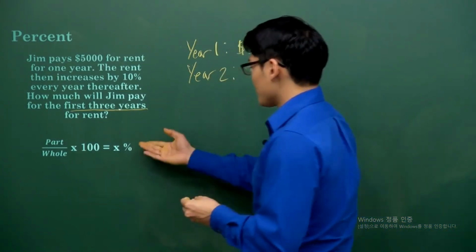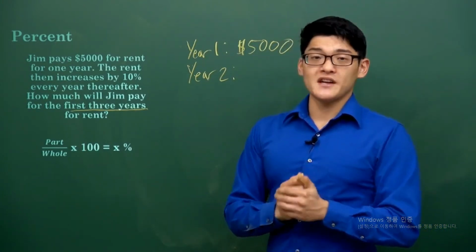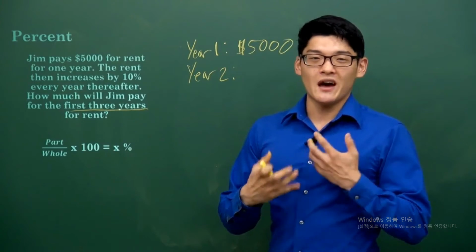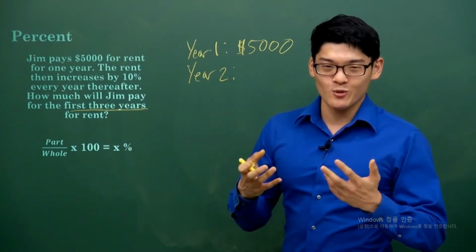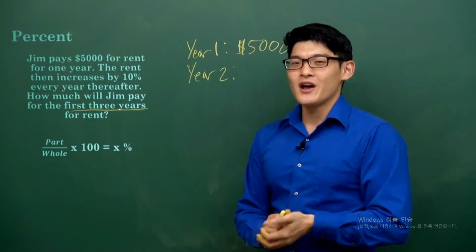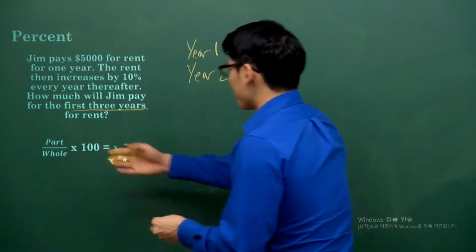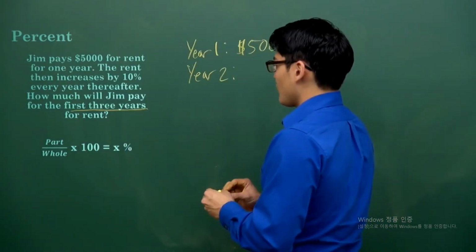Well, what we can do, looking at this equation, so this is a long route. You should be very comfortable with percents, whether you're trying to calculate your own exam score for a quiz or a test, something like that. So you should be very familiar with this, but we'll run through it. So the part, let's see.